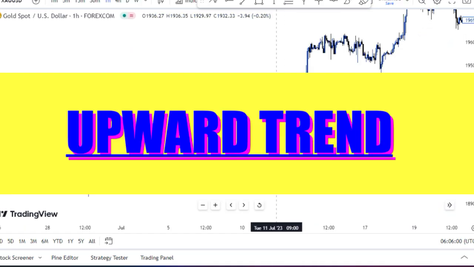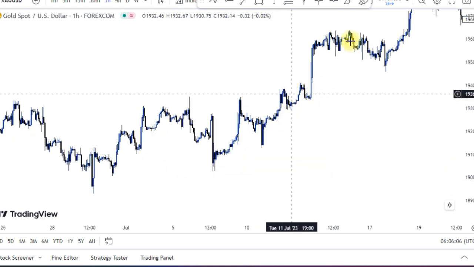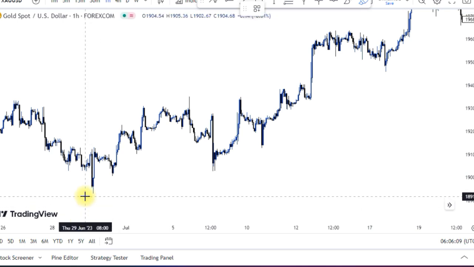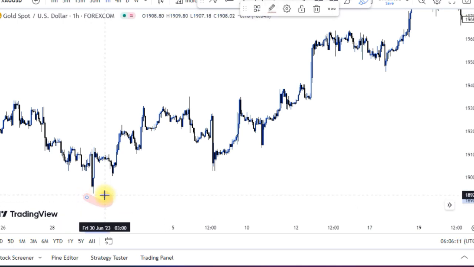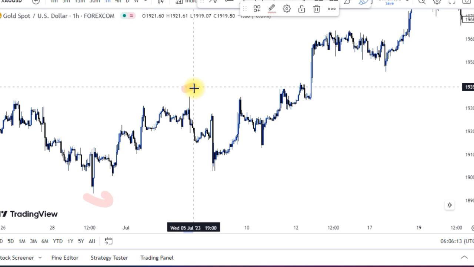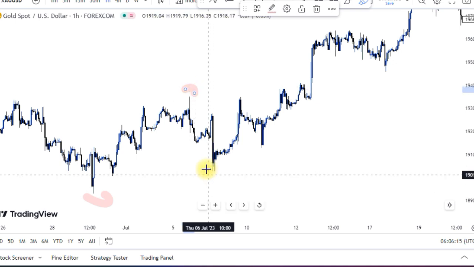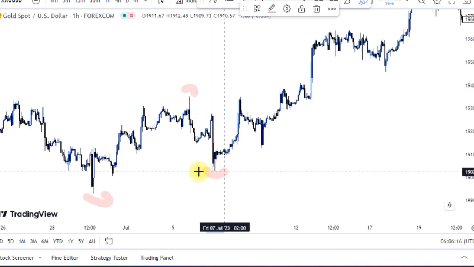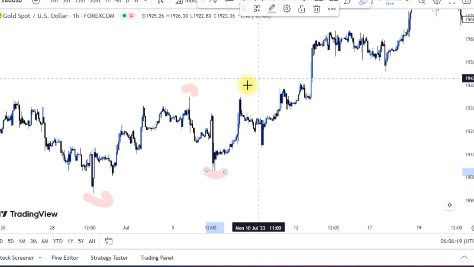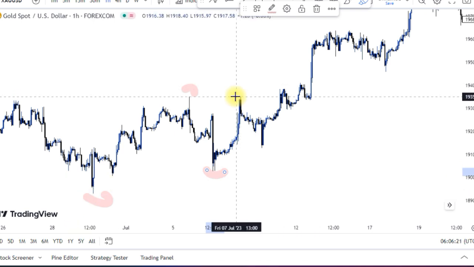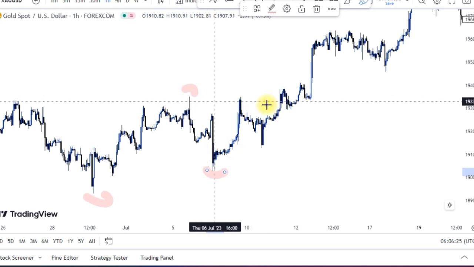Okay, now let's look at an example on real charts of an upward trend. So this is an upward trend. You can easily see that because we have a low here, and then we have a high here, and then we have a higher low because this low is higher than this one, and then this high here is higher than this one. We can say they're the same.